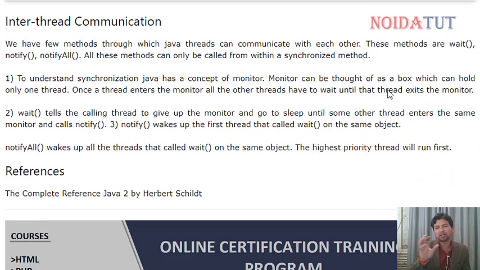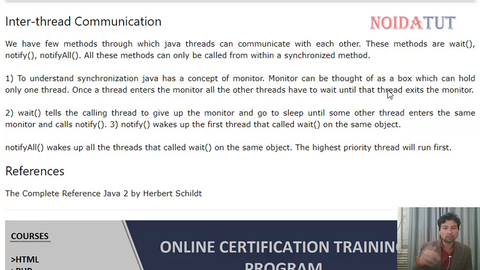Talking about inter-thread communication, we have a few methods through which Java threads can communicate with each other. These methods are wait, notify, and notifyAll. All these methods can only be called from within a synchronized method.